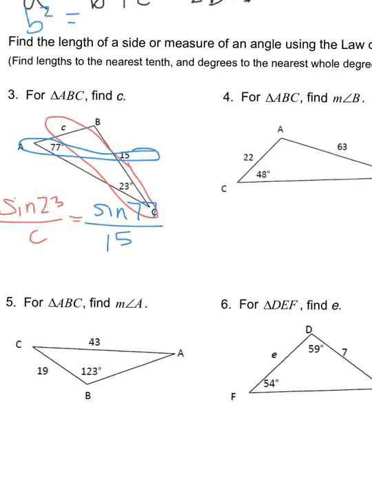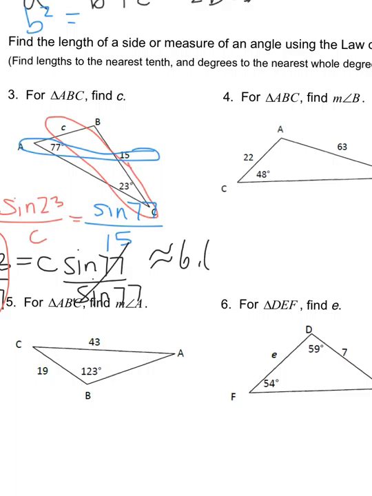So now you cross multiply, so you have 15 sine 23 equals C sine 77, and then at the end you divide both sides by sine of 77. These cancel out. So this is not one where you have to do the inverse. You just put this in your calculator, 15 sine 23 divided by sine of 77, and you get approximately 6.0. You have to round to the nearest tenth.